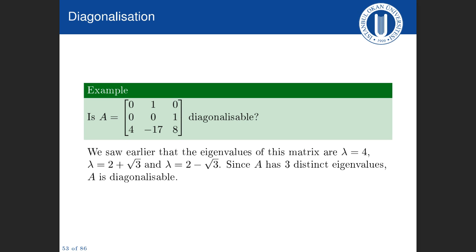The theorem said if we have 3 distinct eigenvalues, then we must have 3 linearly independent eigenvectors. So A must be diagonalizable. If we have 3 distinct eigenvalues, then we don't need to do any more work. That's enough to tell us that the matrix is diagonalizable.